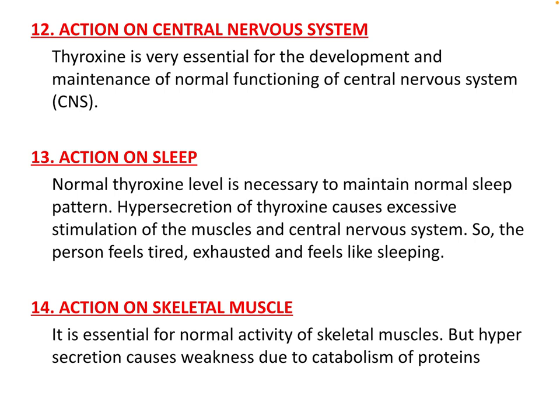So the person is likely to have extreme nervousness and may develop psychoneurotic problems such as anxiety complexes, excess worries, or paranoid thoughts. Hyposecretion of thyroxine leads to lethargy and somnolence, that means excess sleep.